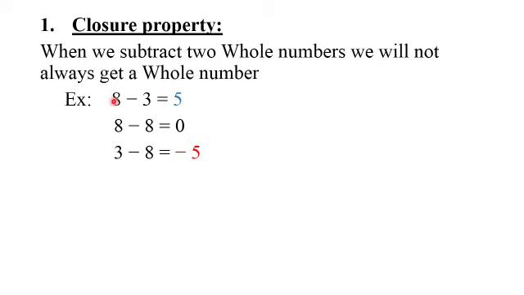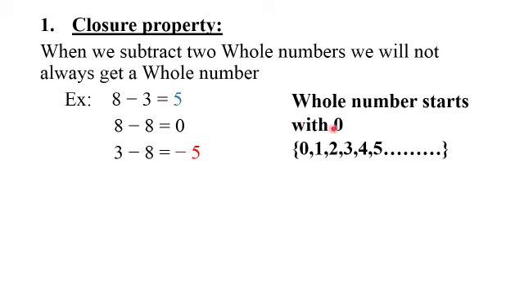As we all know, whole numbers start with 0 and go on endlessly. Here we have 8 minus 3 equals 5 and 8 minus 8 equals 0. So 5 and 0 are whole numbers.